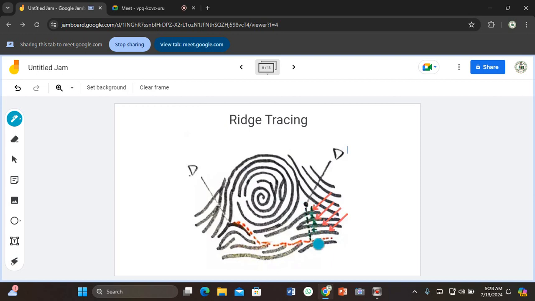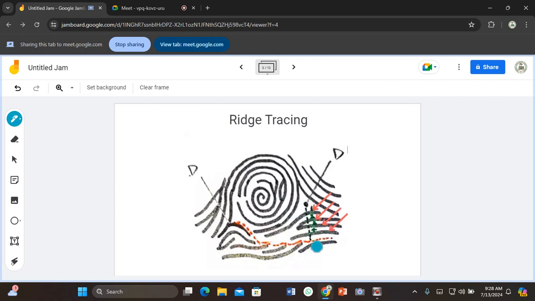You trace it. Then you count the number of ridges between the delta and the tracing ridge, this last one. So the tracing ridge here will be the place where you start counting the number of ridges between them.